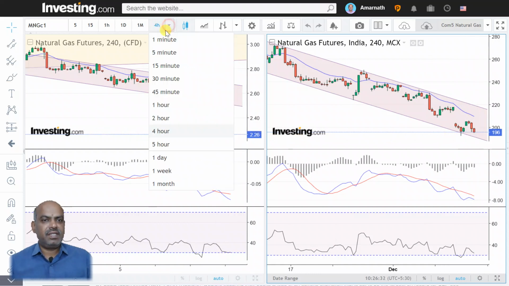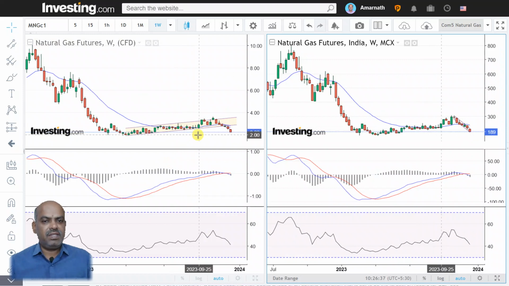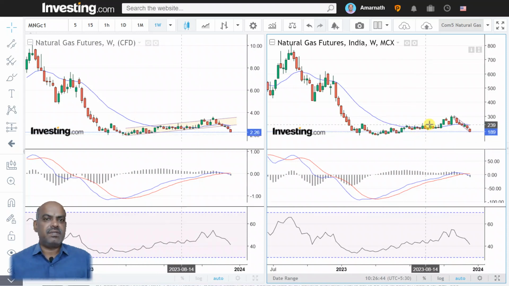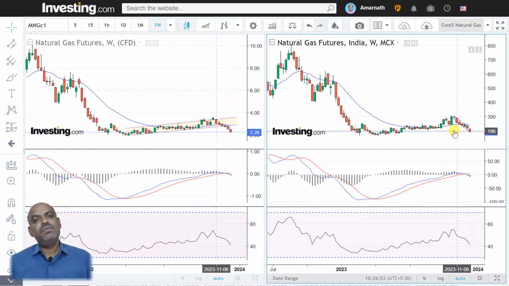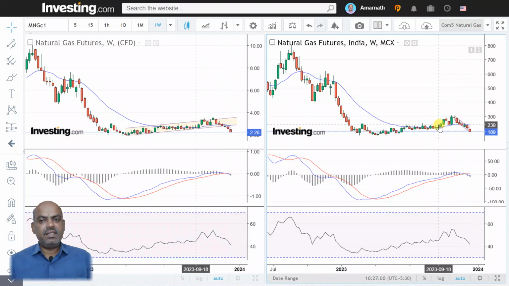You will see that clearly in the weekly chart. Until it has a close of 190 and below, this target is not possible. Otherwise, if it has a close of 200 and above, then only can we expect a reversal on the upper side. Until then, 190 and 200 would be the range of natural gas.